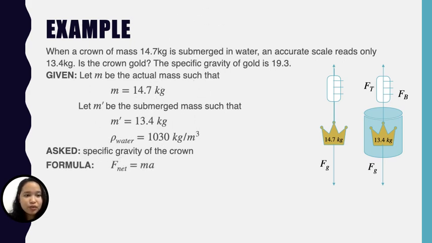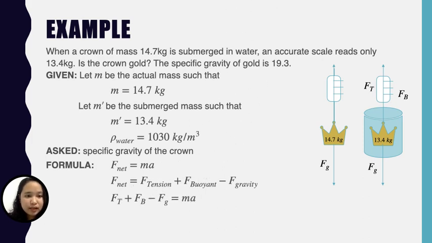Okay? So we must remember that the force is equal to MA. And then F net is equal to the tension force plus the buoyant force, plus because they are in the same direction, minus the force due to gravity.